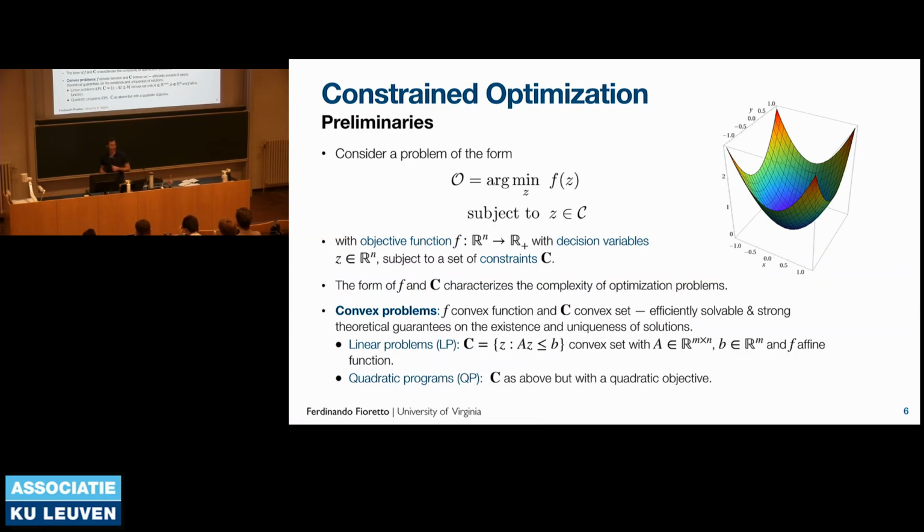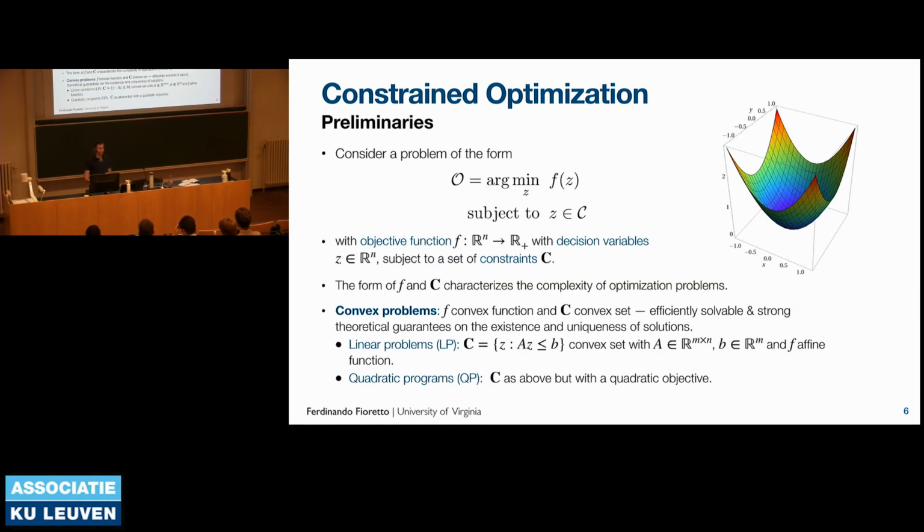What I mean when we talk about constraint optimization is really the classical terms. We have a minimizer that has an objective function f, and the decision variable, in this case called z, is subject to some generic constraints. And then the form of the objective and the constraints characterize the difficulty of this problem.